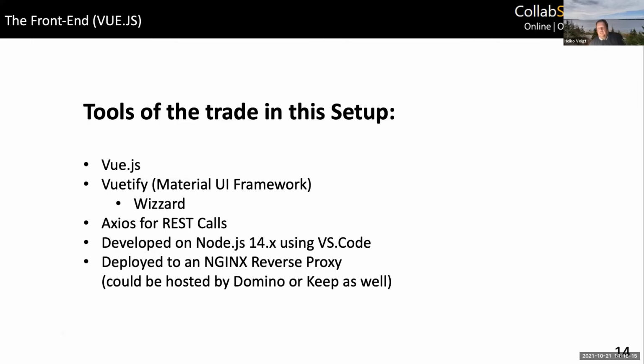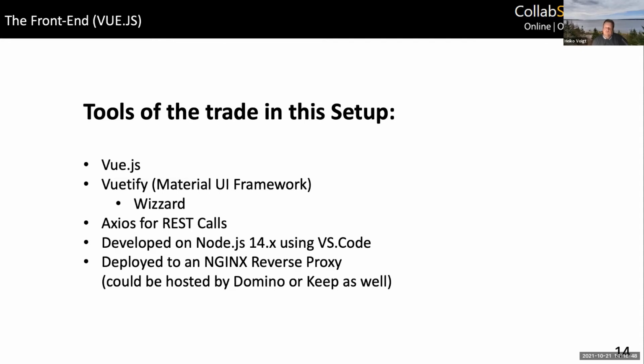We used a material UI framework for VUE.JS, which is Vuetify, which gave us this pretty nice, almost ready to run component for building this stepper control to walk through each and every step in the registration process. And we're using an HTTPS client framework for JavaScript, which is called Axios, to do our REST calls.